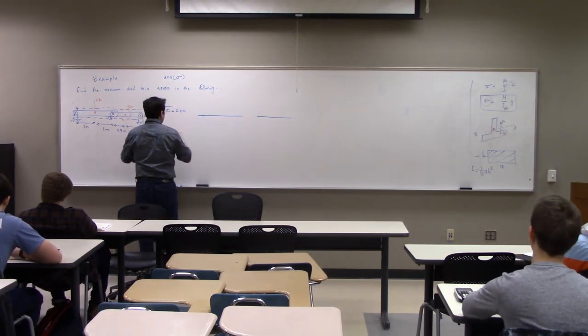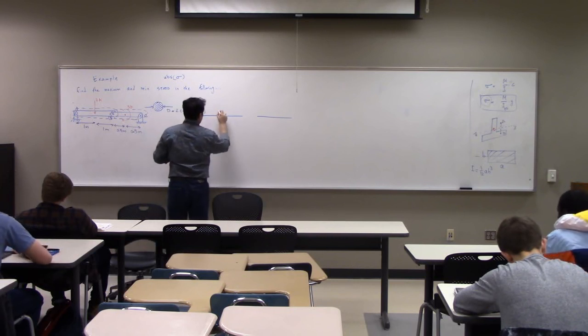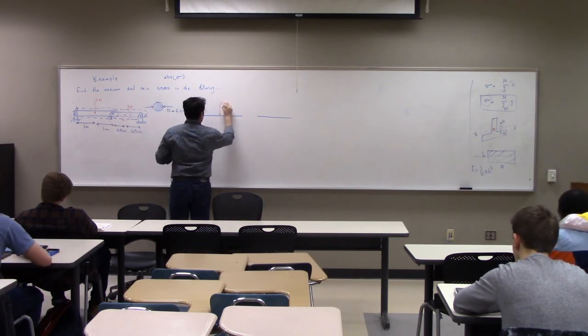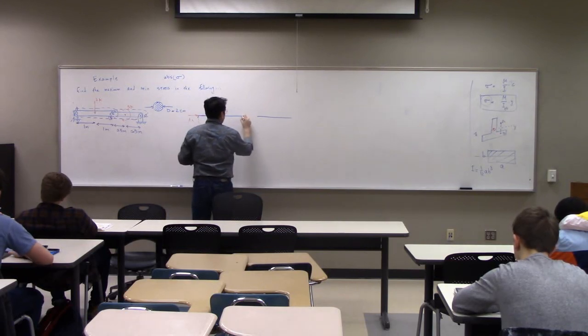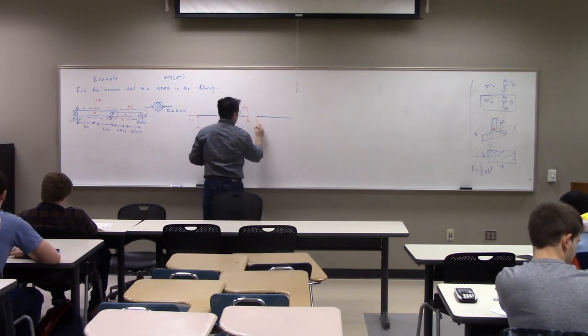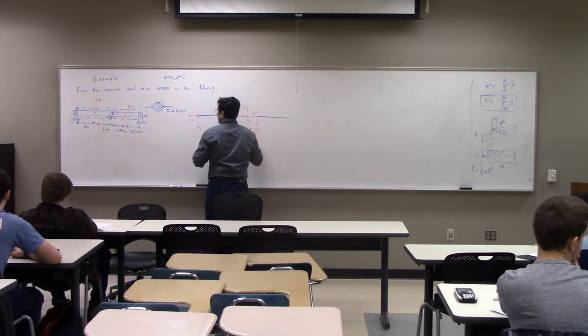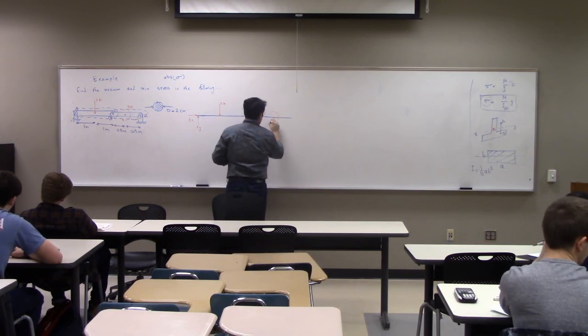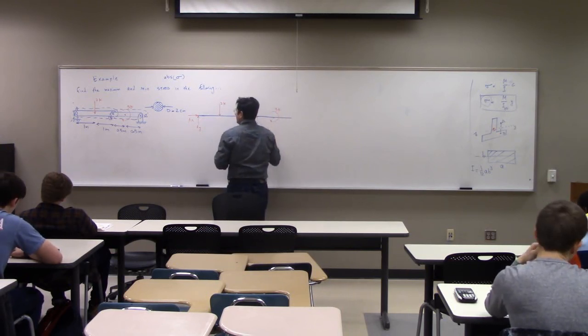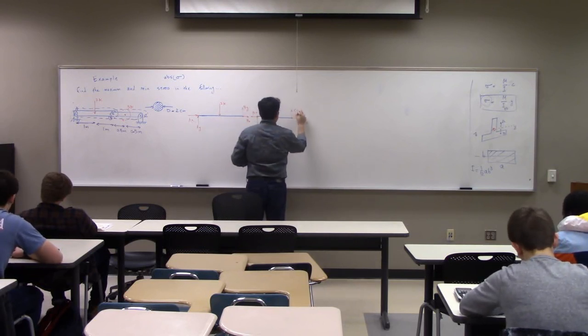Then I have AX, AY, 2K, and then you can introduce BX and BY. Once you do that, you put the opposite of BY here, and BX going this way, 5K, and then CX, CY.